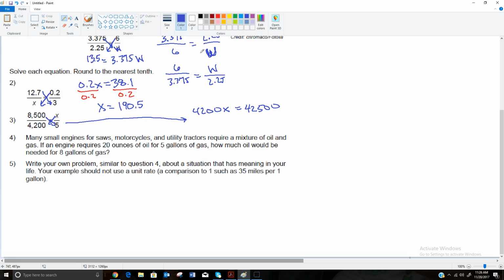And so to get rid of the number in front of the x, we're going to divide by 4,200. It should go in almost, or a little over 10 times, because if it was 42,000 divided by 4,200, it would go in 10 times. So 42,500 divided by 4,200, we get 10.1 approximately.